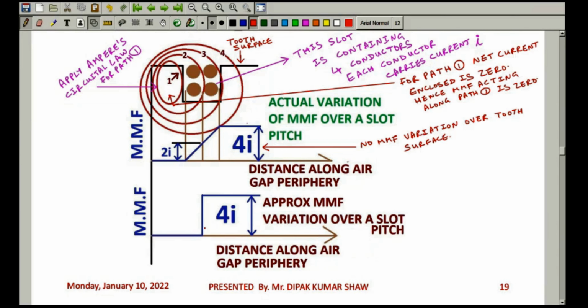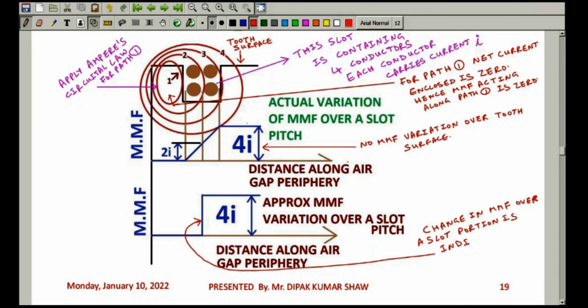This is an important point I would like you to notice: the change in M.M.F over a slot portion is indicated at the middle portion of the slot.